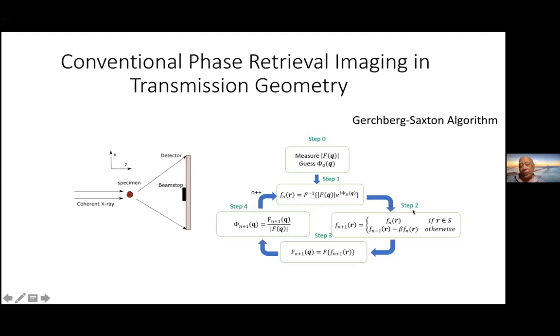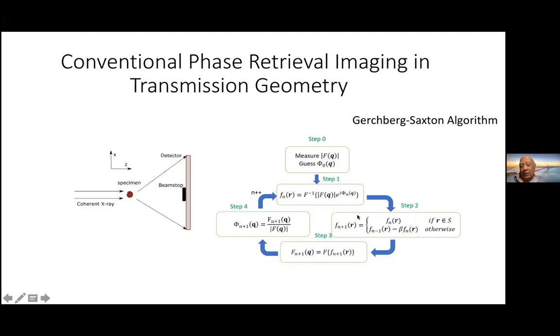You set it to 0 if it goes outside the frame of the image. You set it to 0 if it becomes negative or complex. In other words, it has to be real and positive and within the frame of the image. And you can choose a scheme where you mix in a little bit of the last iteration, with a parameter beta, which you can adjust, and then you keep going.